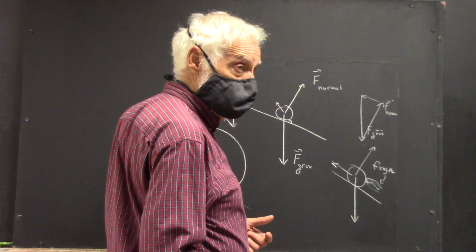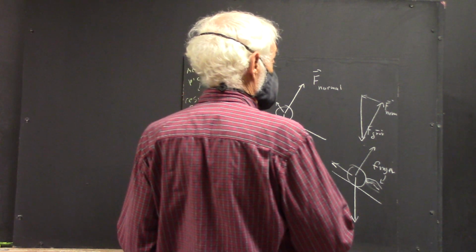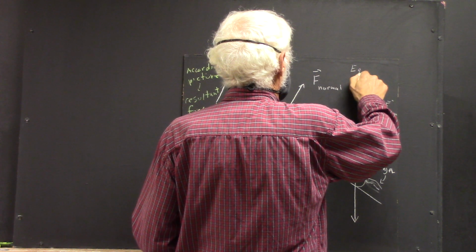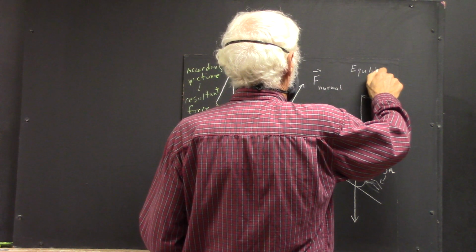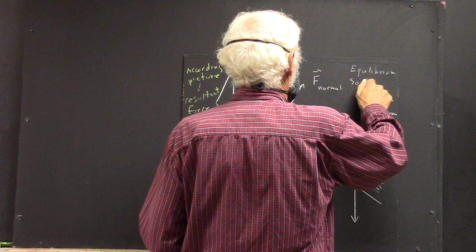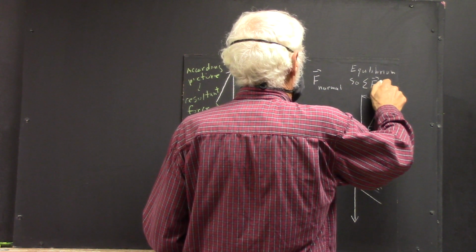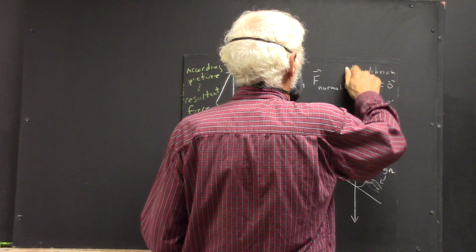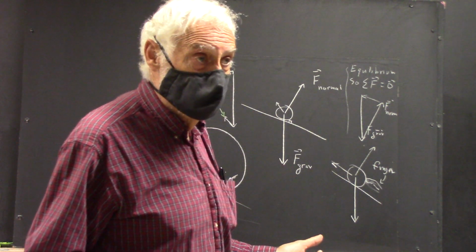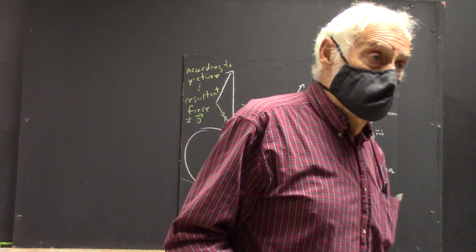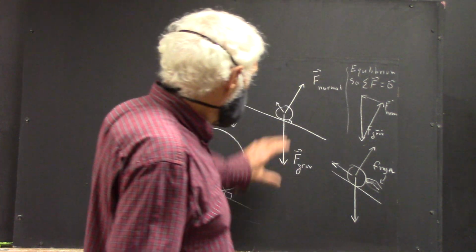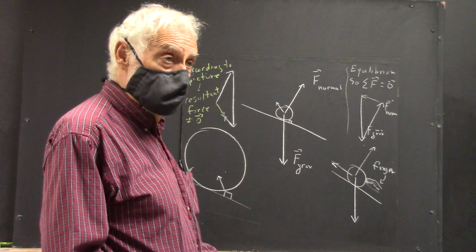Okay? They have to be like this. We say these things are in equilibrium. So the sum of the forces is 0, and this is what your picture looks like if the sum of your forces is 0. And that's the main point I want to make. If you were to draw this accurately, the sum of your forces would have to be 0.